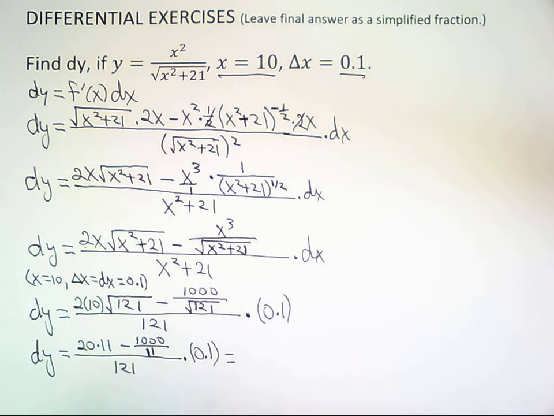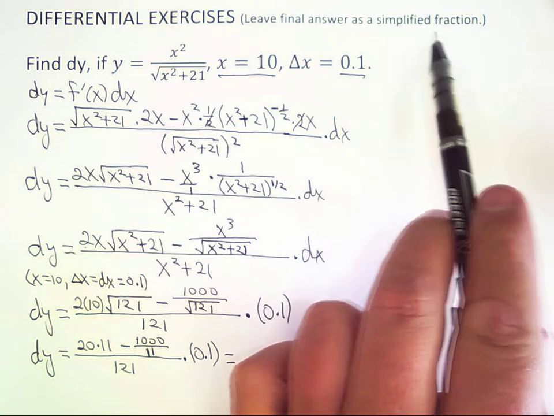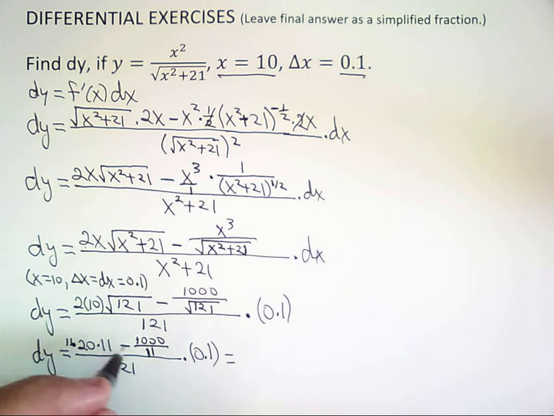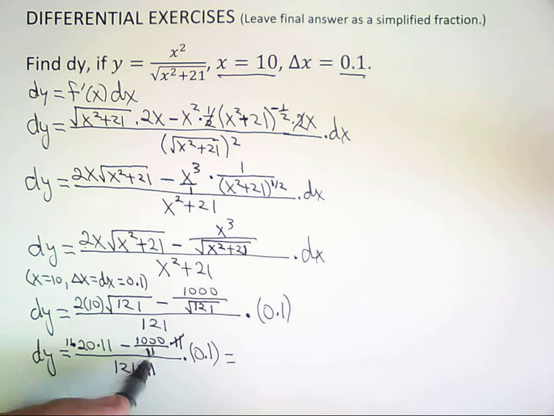At this point, I think that it might be easier, since we want the answer as a simplified fraction, I'm going to have to keep it as a fraction. It might be easier to multiply the top and bottom of this fraction by 11 and at least get rid of this complex fraction. So I think at this point I'll go back and multiply everything through by 11. And you see why I'm doing this. It gets rid of the complex fraction. So I get 11 times 20 times 11. That's really 11 squared times 20.